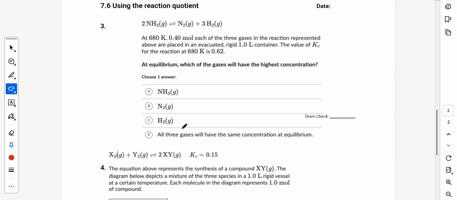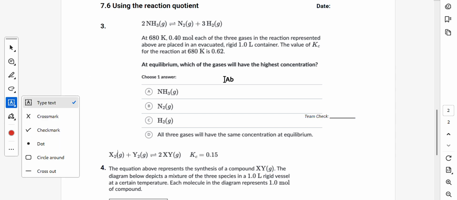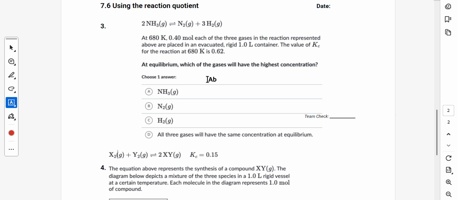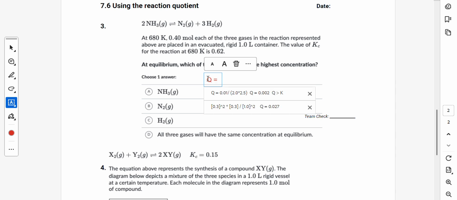So once again, when we're calculating Q, when we're calculating K, it is always, for these Unit 7 calculations, products over reactants. And I made that mistake, and I lost a little bit of time tonight out of my life because I did that.